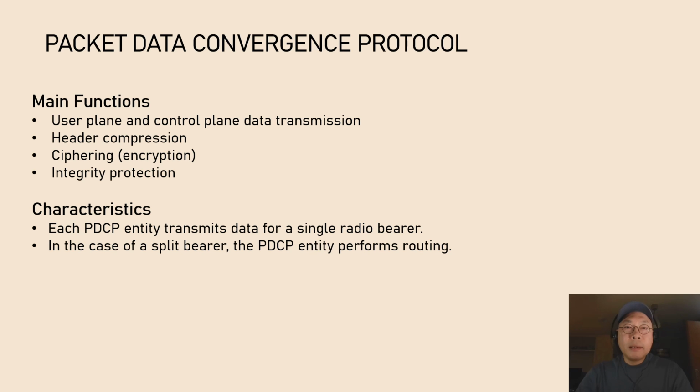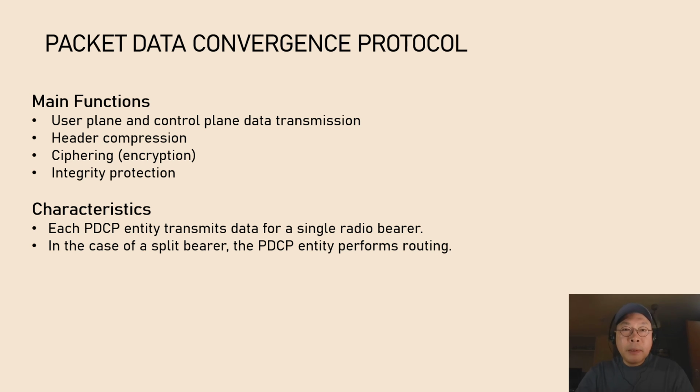This slide summarizes the main functions and characteristics of the PDCP layer. It supports both user plane and control plane data transmission, performs header compression, and provides ciphering and integrity protection for secure communication.